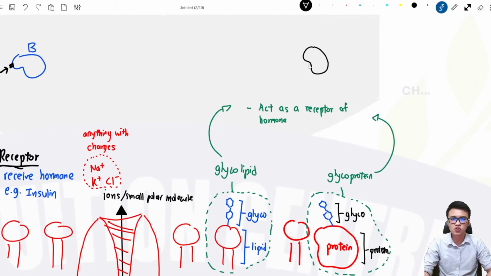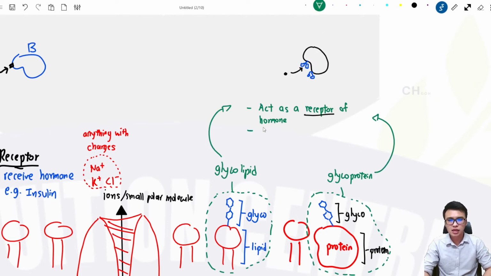They have some glycoprotein or glycolipids over here, a lot of these kinds of things. So it can form a receptor, and this hormone is going to bind with the glycolipids or the glycoprotein to tell the message to the cell here. So it can act like a receptor of the hormone.